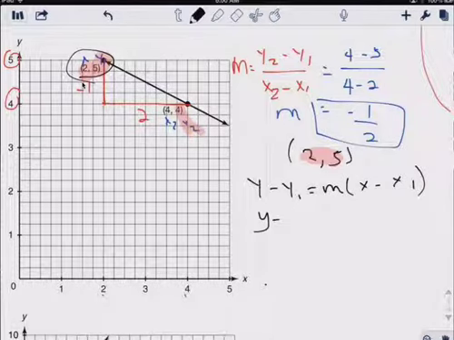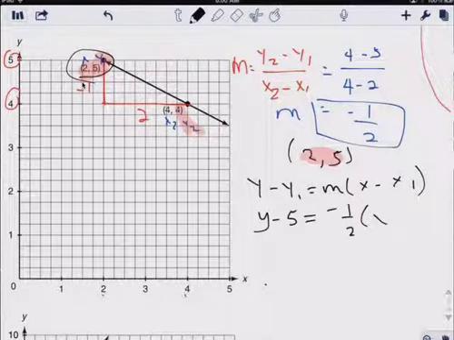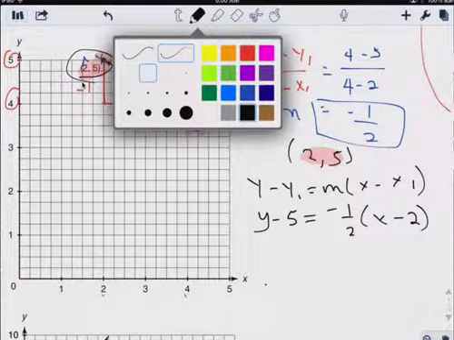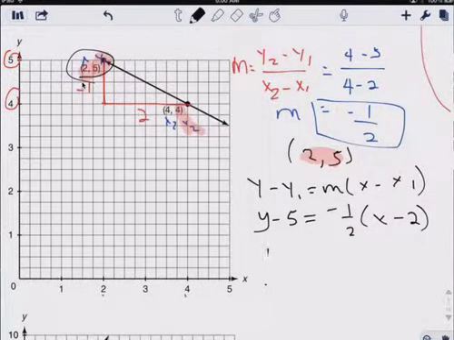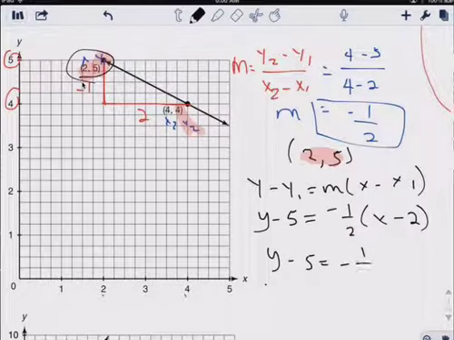Y minus 5 equals negative 1/2 parentheses x minus 2. So you get y minus 5 equals negative 1 over 2 x, distribute.